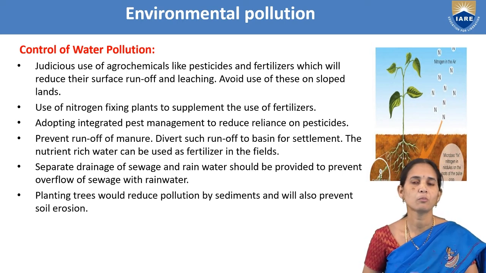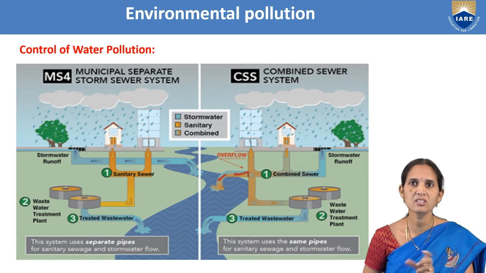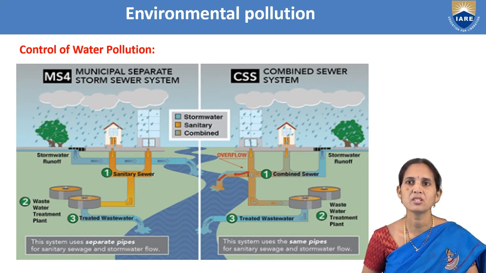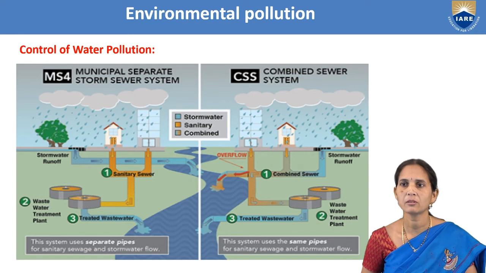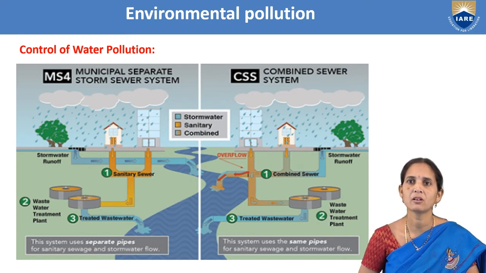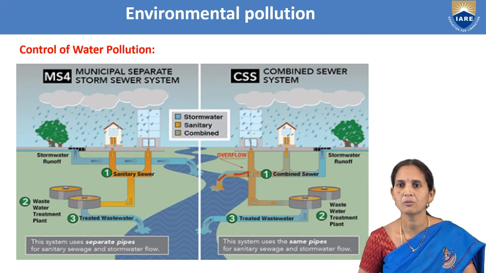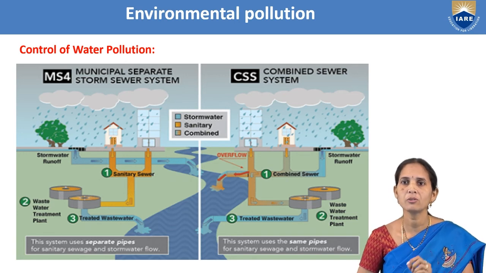Not water bodies. So we can see in the diagram the municipal separate storm sewer system and the combined sewer system. In the diagram we can observe that in the municipal separate storm sewer system they have arranged the water coming out separately.